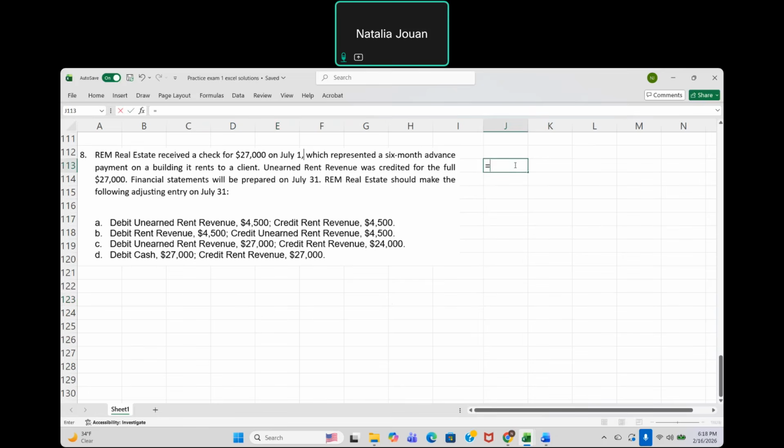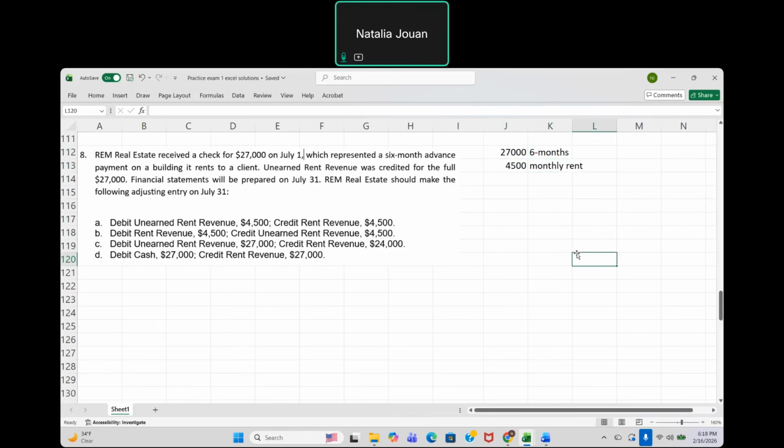So we have a 27,000 payment divided by 6 months. That means the monthly rent is 4,500. The total 27,000 is for a 6-month period. At the end of July, only 1 month has elapsed.